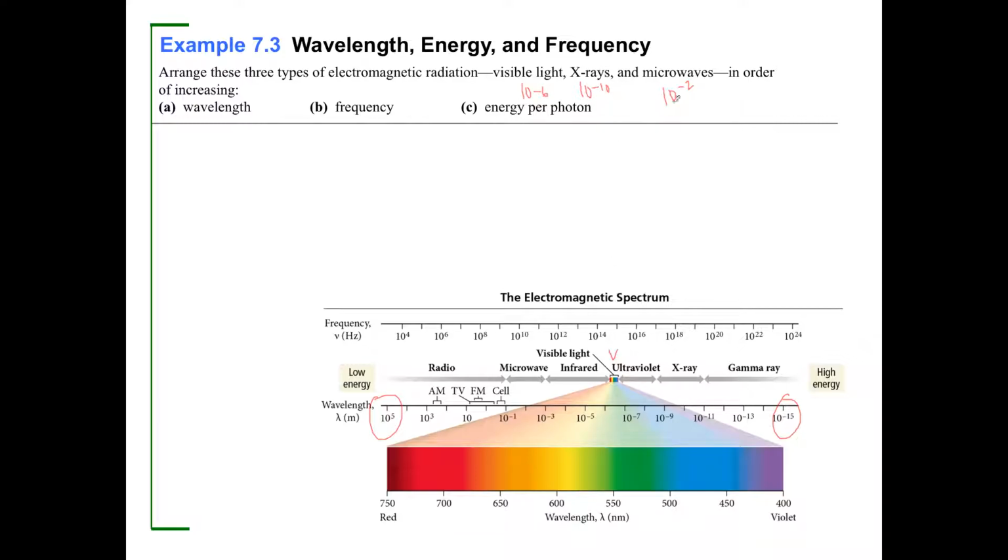Okay. 10 to the minus 6. Now we're supposed to put these in order of increasing wavelength, which is what I'm doing right now. So it looks like micro is going to come first. Or no, that's the biggest, sorry. The smallest is X-rays, because we're supposed to do this in order of increasing, right? X-rays, and then visible, and then micro.